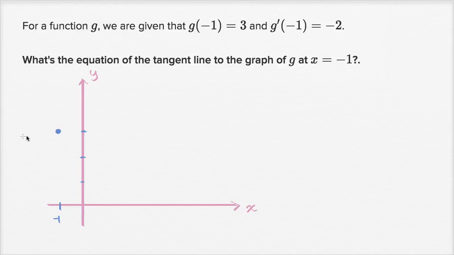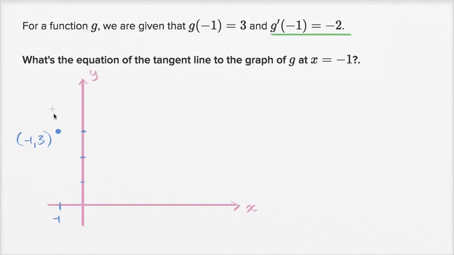That is the point (-1, 3). It's going to be on our function. And we also know that g prime of -1 is equal to -2. So the slope of the tangent line right at that point on our function is going to be -2. The slope of the tangent line when x is equal to -1 is equal to -2. So I could use that information to actually draw the tangent line.